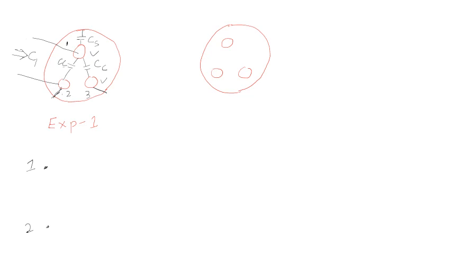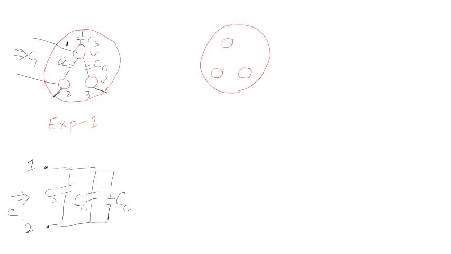So what I will find is that there is one CC here, another CC, and another CS. So there are three capacitances in parallel. So this is CC, CC, and CS.